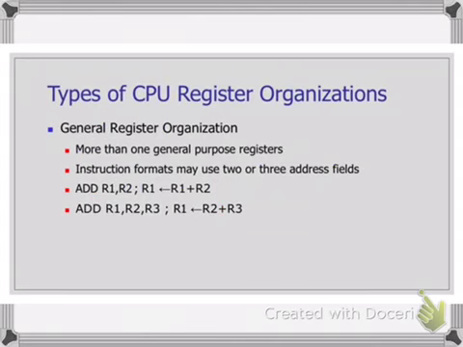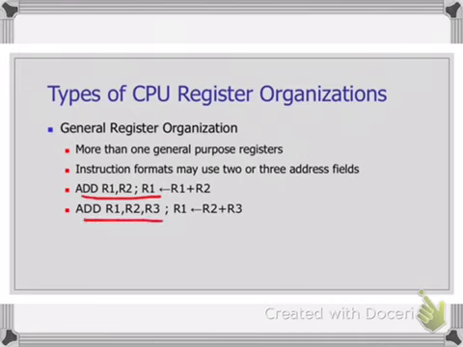That is, you have more than one general purpose register, and your instruction formats may have either 2 address or 3 address fields. Like you can see here, add R1, R2. It takes the contents of R1 and R2 and stores the result in R1 again.